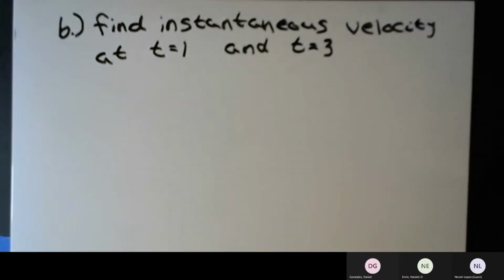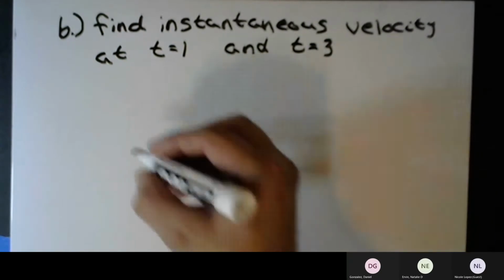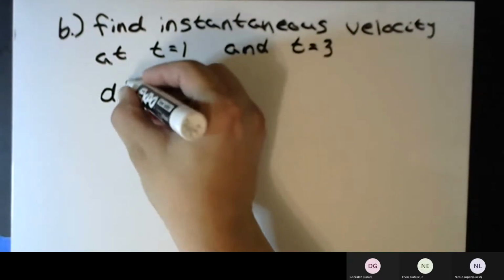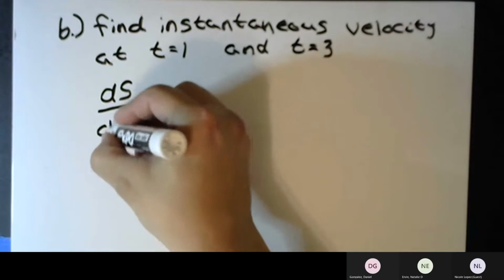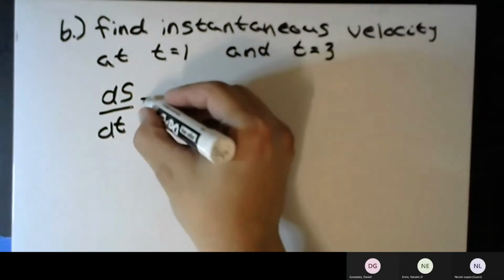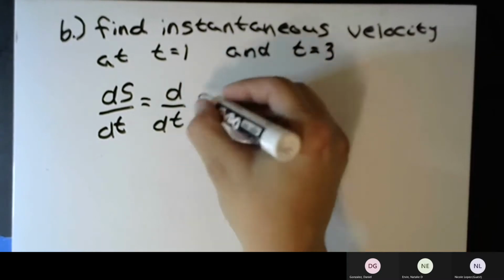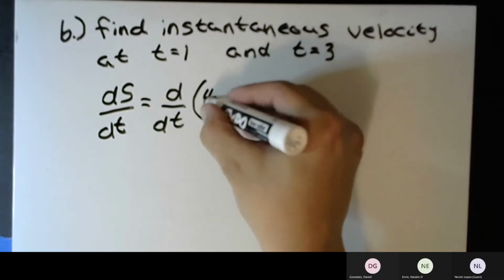We're going to look for instantaneous. Now, the average velocity was 39.2 meters per second, if you calculate the average velocity from t is 1 to t is 3. Now for the instantaneous, we need to take the derivative of our position function, and we're going to stick with the metric one.